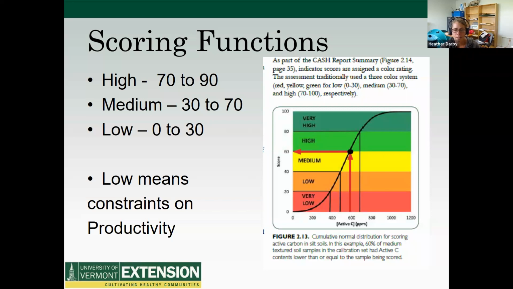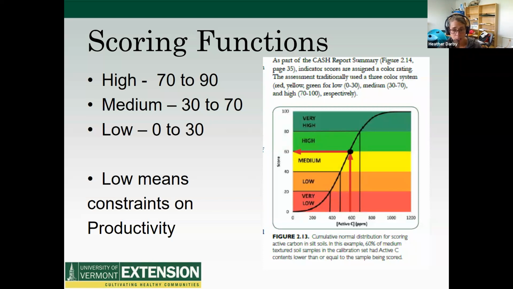The piece that is a little bit different for the Cornell scores, for the soil health scores, is that the scores are in these distributions based on the soil type. Okay, so that's really important.